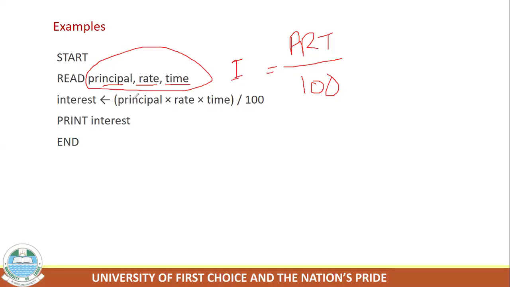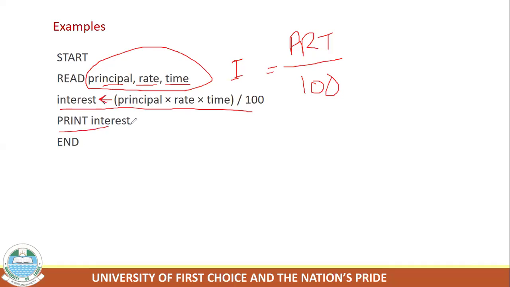So first of all, I know the input, then I know the process. This is the process. What do I do to the input? I multiply principal, rate and time, and when I divide it by 100, the result is now saved where? You can see the arrow. It's saved into the interest.